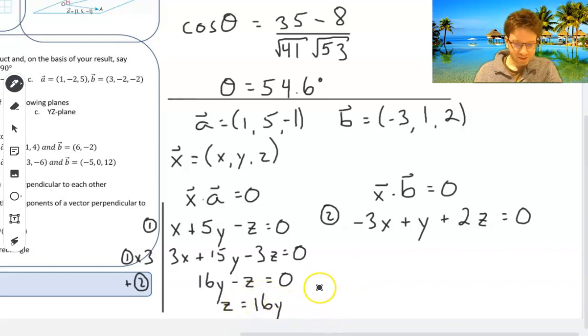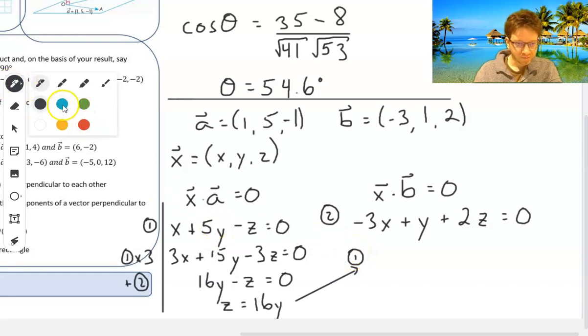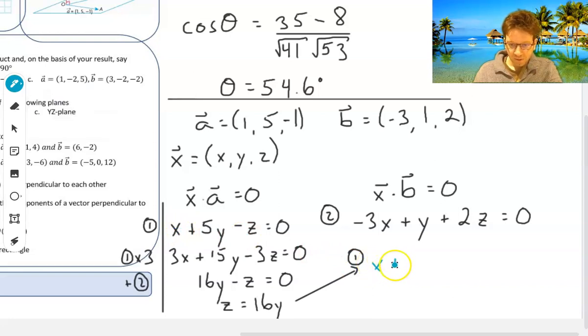And I can substitute this z equals 16y back into equation 1, which is here. So we have x plus 5y minus z, but I'm going to write z as 16y, equals 0.